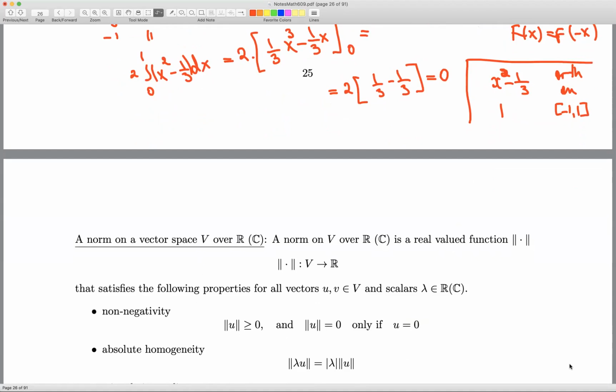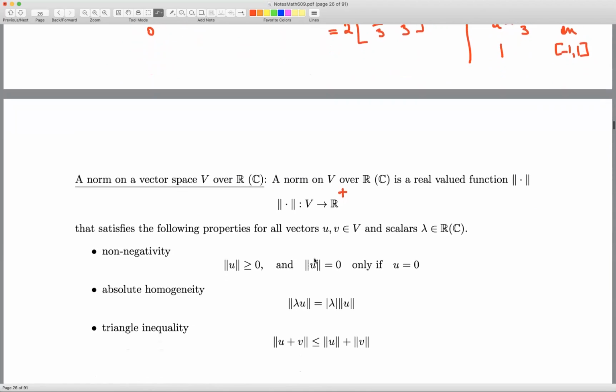And a norm on this abstract vector space is any mapping, which is a real valued function, from V to R. Actually, it is to R plus, which means the set of all real numbers that are bigger than or equal to 0, that satisfies the following three conditions.